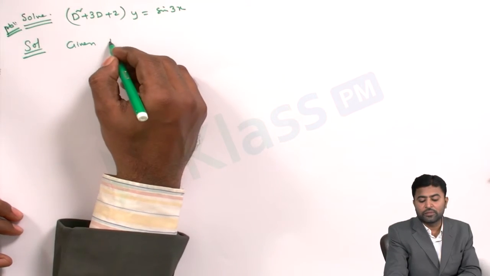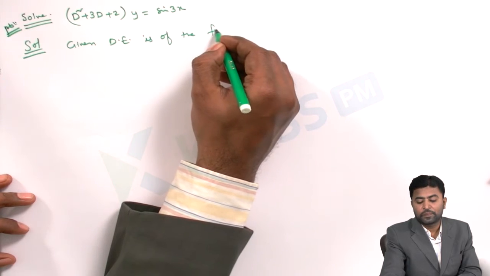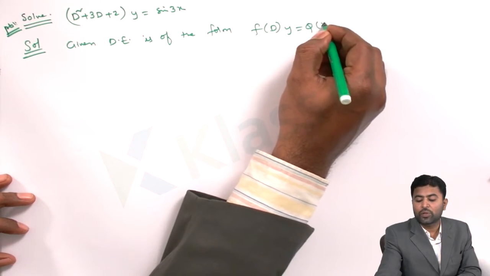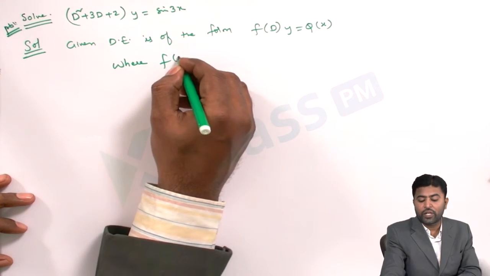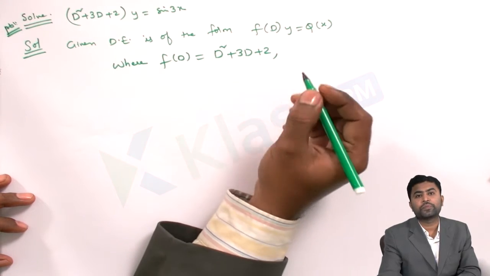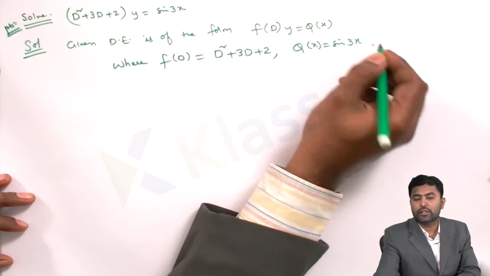Given differential equation is of the form f of D into y is equal to Q of x, where f of D is equal to D square plus 3D plus 2 and Q of x is sin 3x.